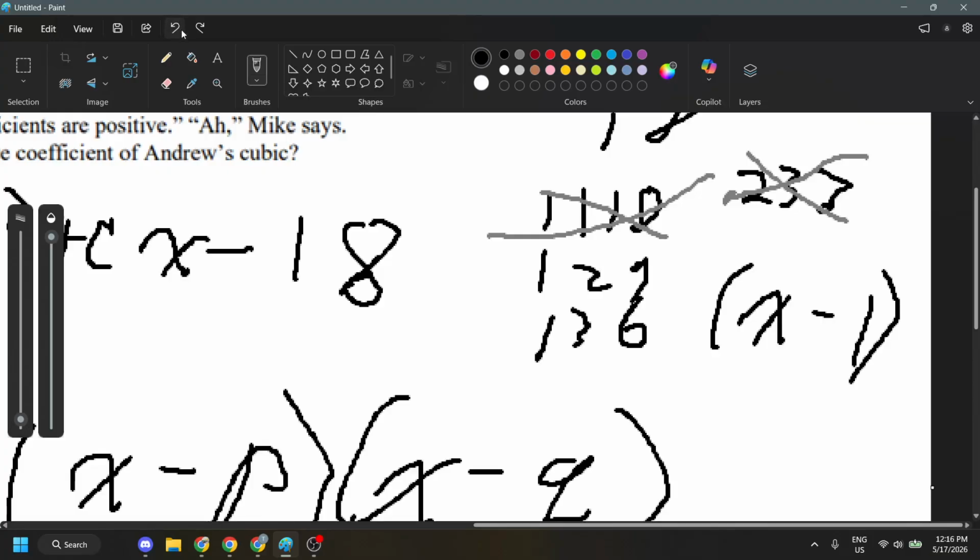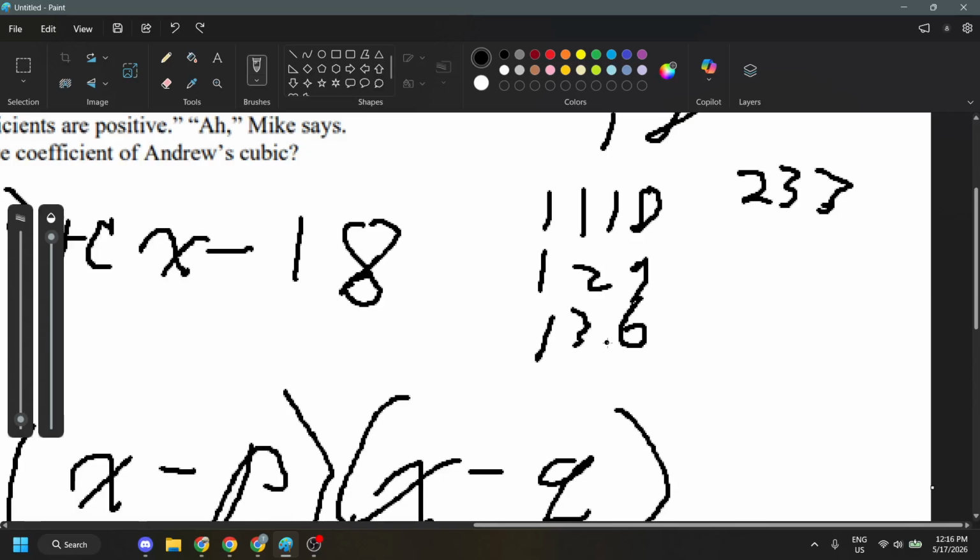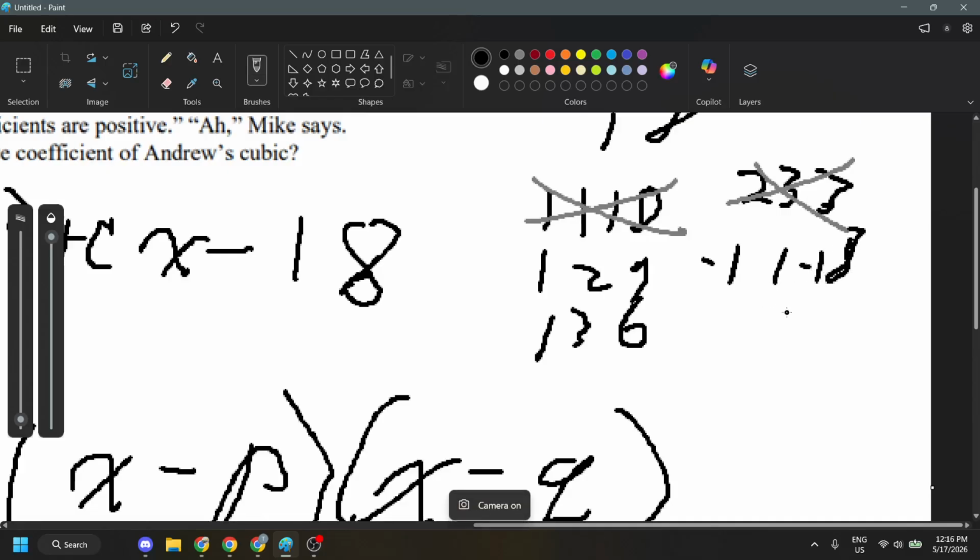All of that is incorrect. So I guess these two aren't allowed. But what we can have is negative 1, 1, 18, negative 18, I mean.